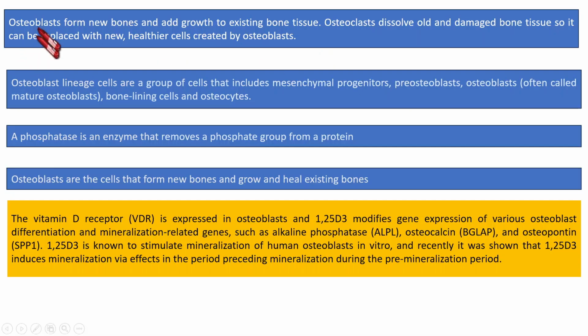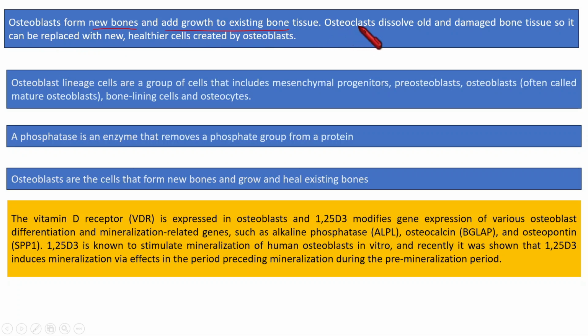Let's see that. Osteoblasts always form new bone, or otherwise add growth to the existing bone. So anyhow, they are giving bone. They add bone tissue. That's the action of osteoblasts.